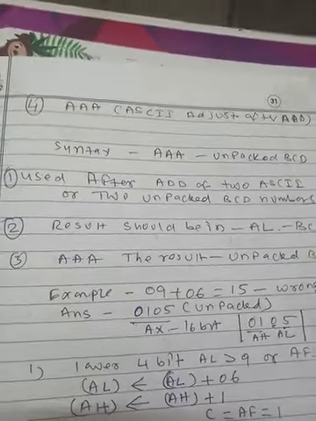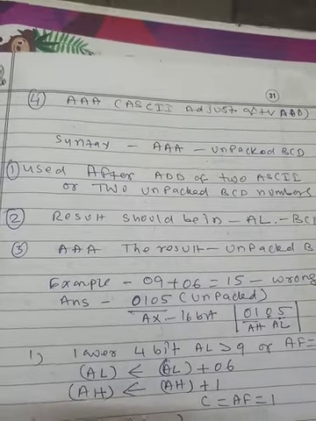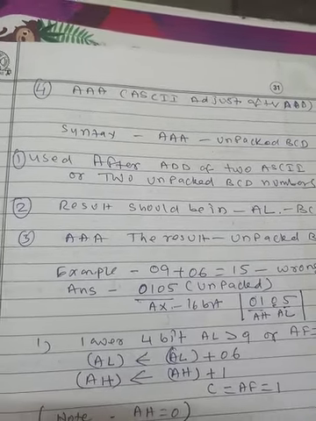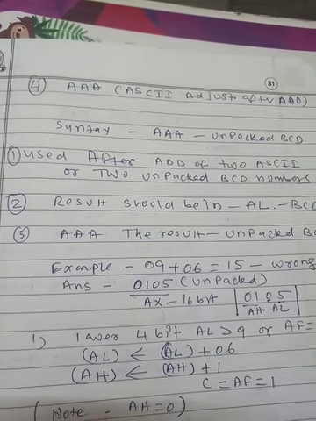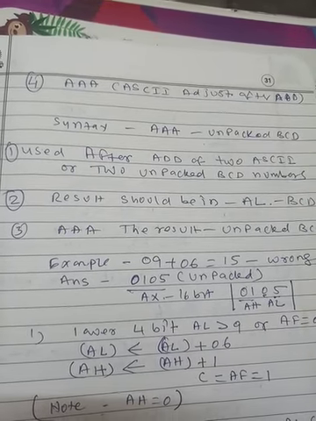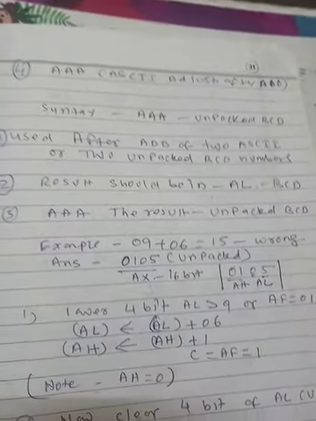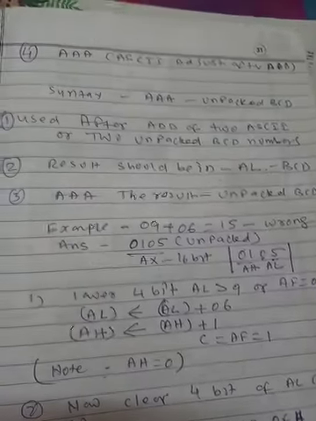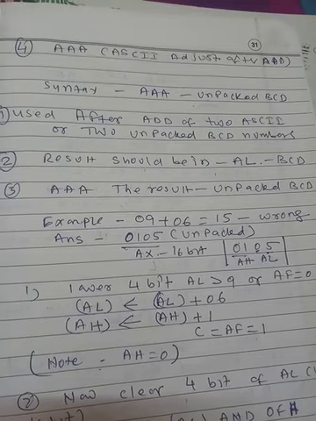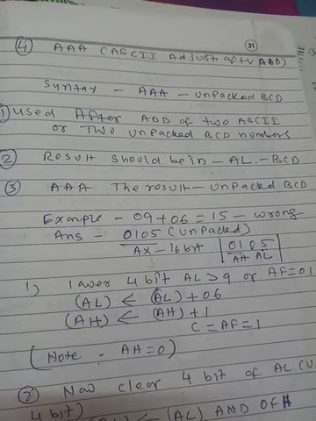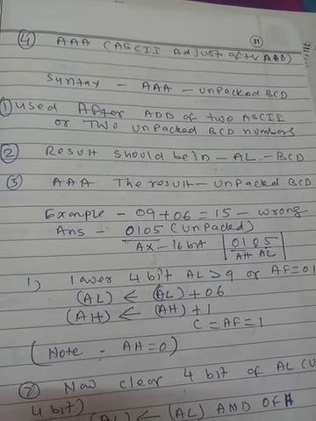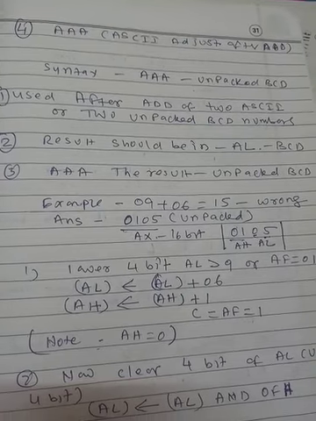One more arithmetic instruction is AAA, ASCII adjust after addition. So the syntax is AAA. We use the AAA instruction for unpacked BCD. Now what is BCD? Already told, the numbers 0 to 9 are called BCD. We have two types, packed BCD and unpacked BCD.